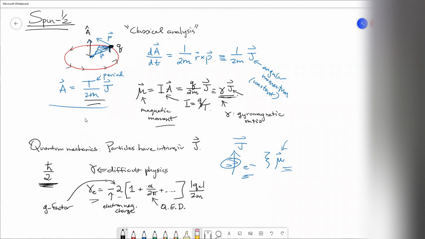The basic idea that'll be important for our qubit analysis is just that there's a magnetic moment proportional to the intrinsic angular momentum, and in quantum mechanics we'll just take for granted that particles come with their own little j, just come for free. And for spin 1/2, the magnitude of that little j is h bar over 2.